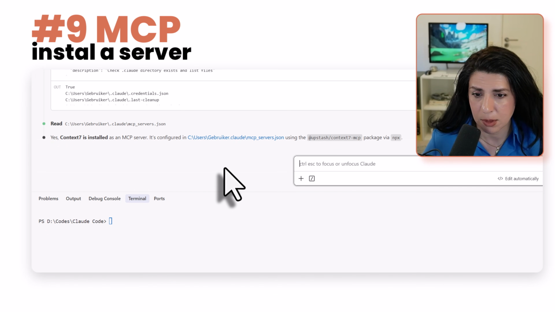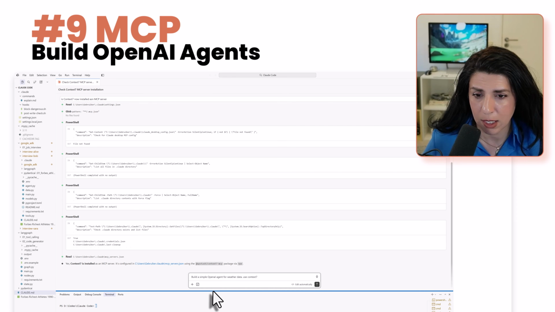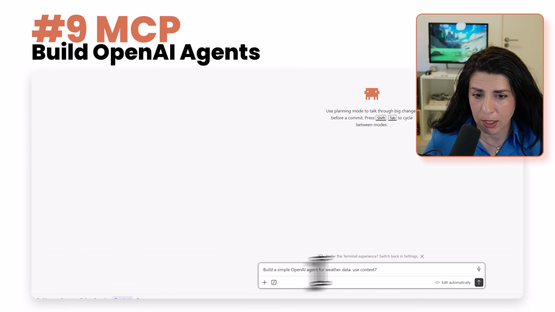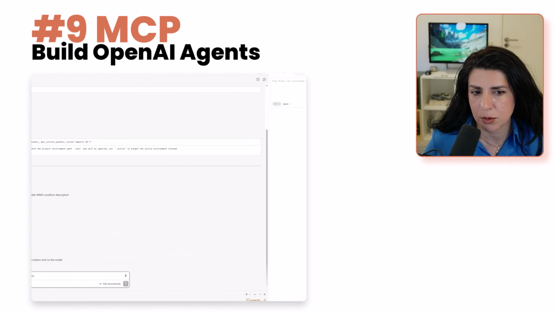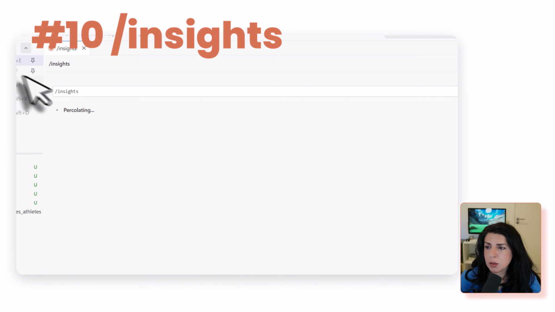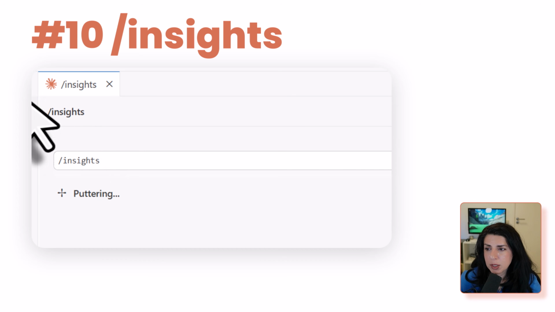It says, yeah, it has been installed. So I'm going to build it with the OpenAI agent framework. I will ask, make a simple AI agent for weather, use Context 7. The first time it doesn't use it, and then the second time it's completely working. This is so simple.